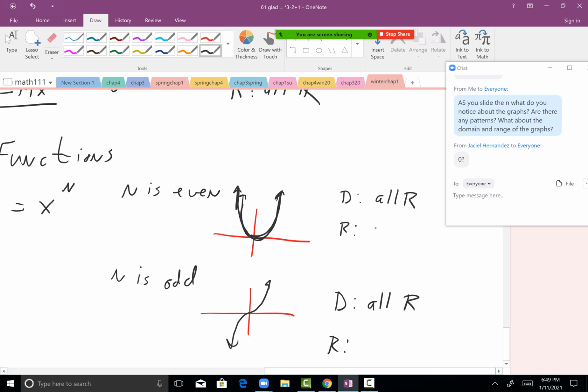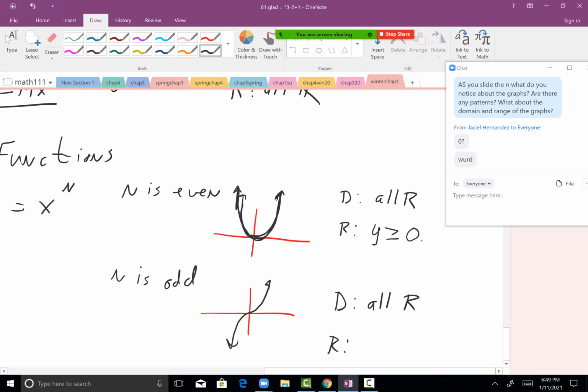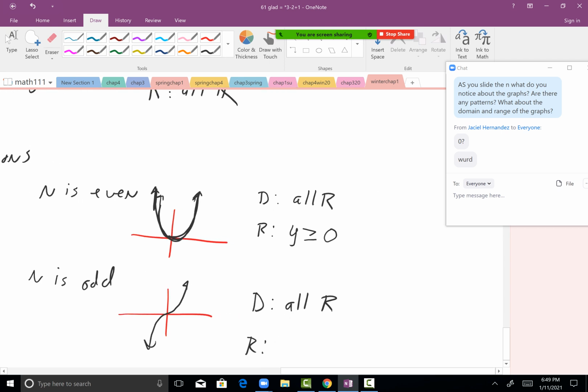So that means that our range has to be greater than or equal to 0. Now, for those of you who like interval notation, we'd have 0 to infinity for that, right? Yeah. Okay.